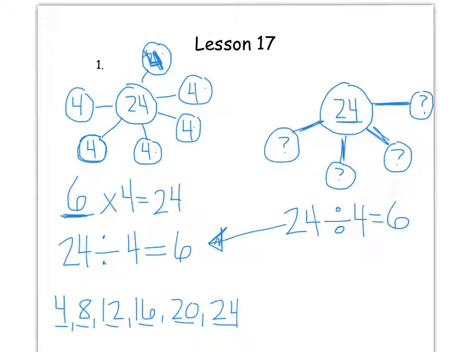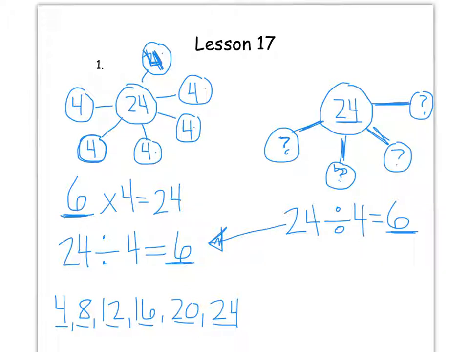This time my unknown is the size of each group, which is why I have question marks for the size of each group. These are the same exact equations, but our quotients are representing different unknowns based on our number bonds. This 6 is how many are in each group. This 6 represents the number of groups I have.